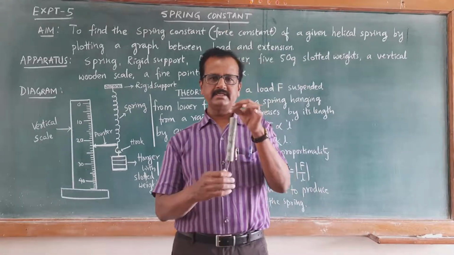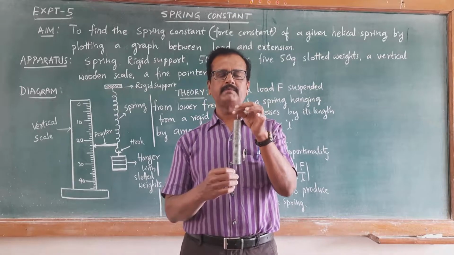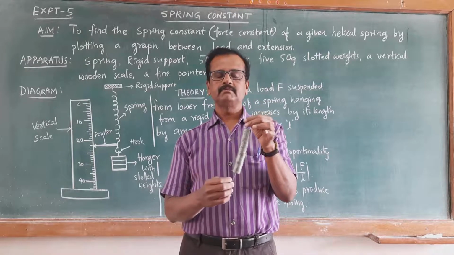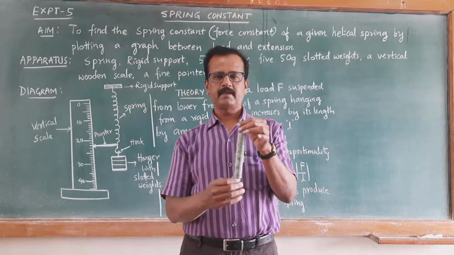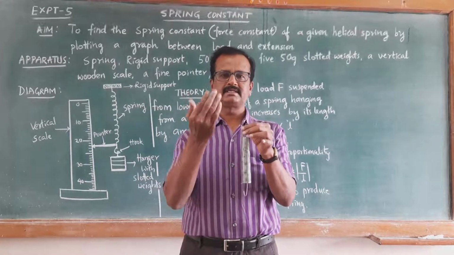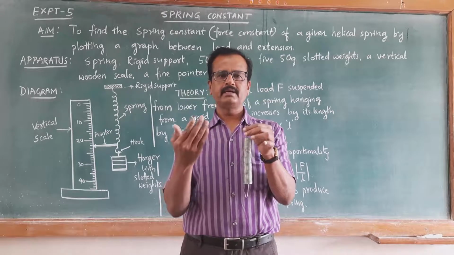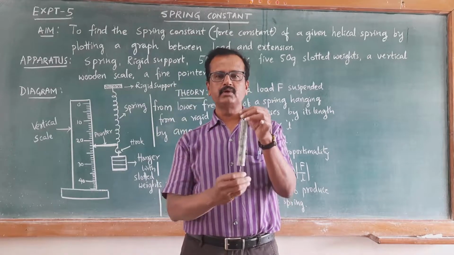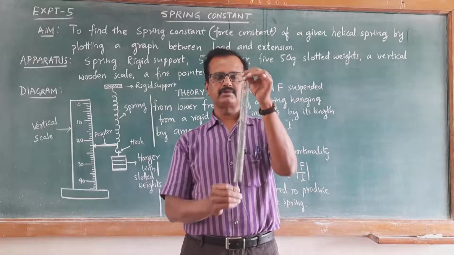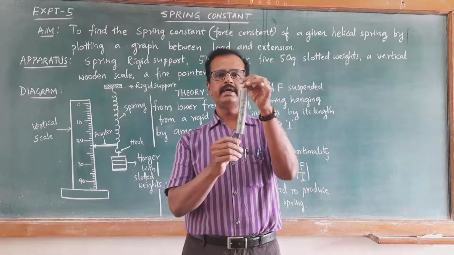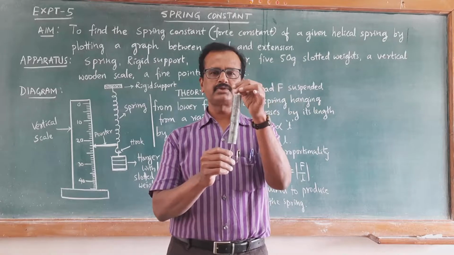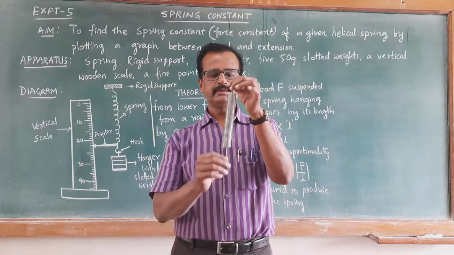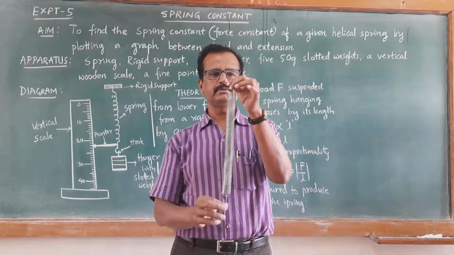Then the extension in the spring is also directly proportional to its restoring force. The restoring force will be towards the rigid support. Therefore, we connect the restoring force with the load. More the load, more is the restoring force. That's how we relate that the restoring force is directly proportional to the extension.